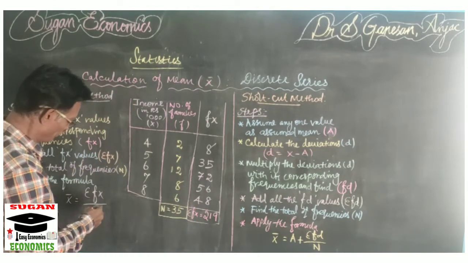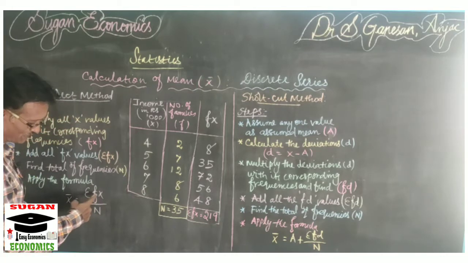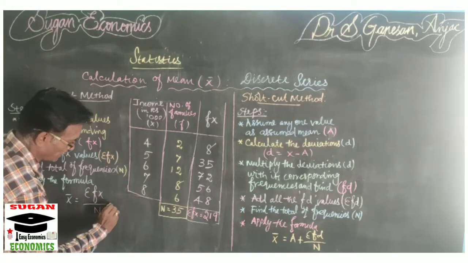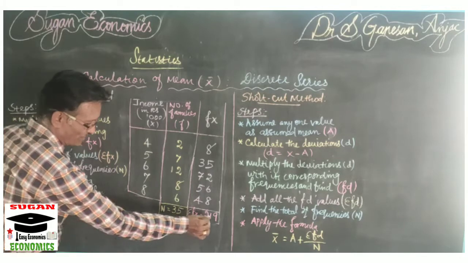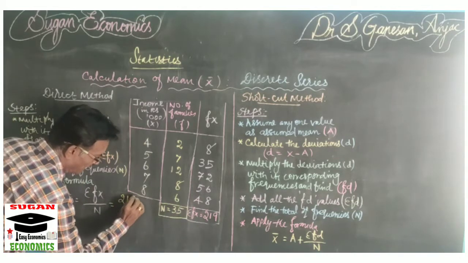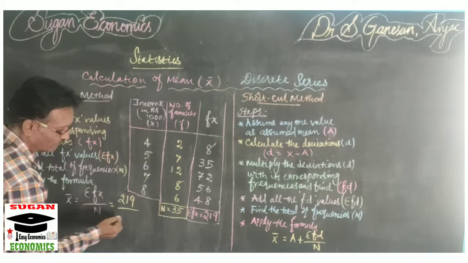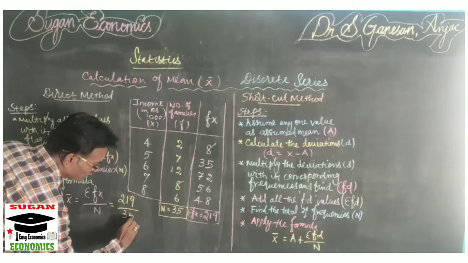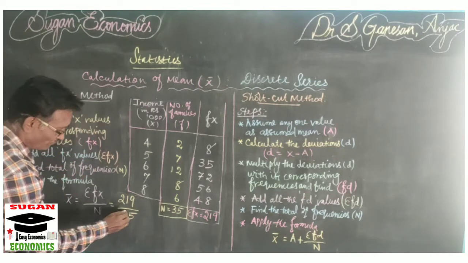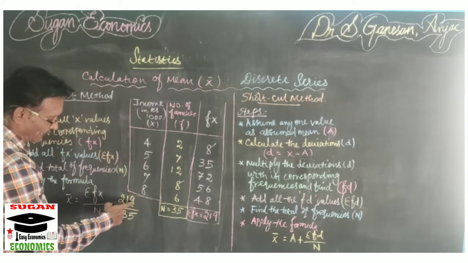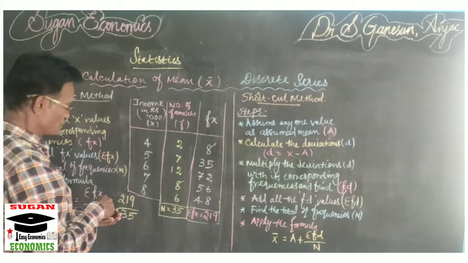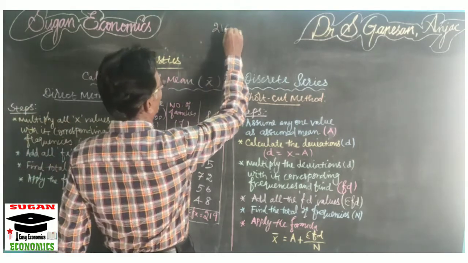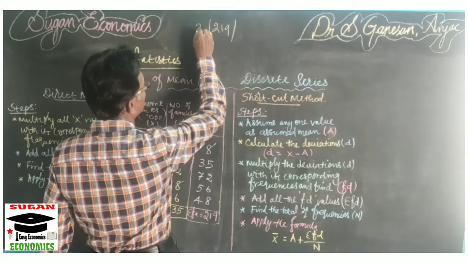Already we have given the formula, x bar equal to sigma fx by n. So substitute sigma fx equal to 219 and n equal to 35. Now we have to divide 219 by 35.